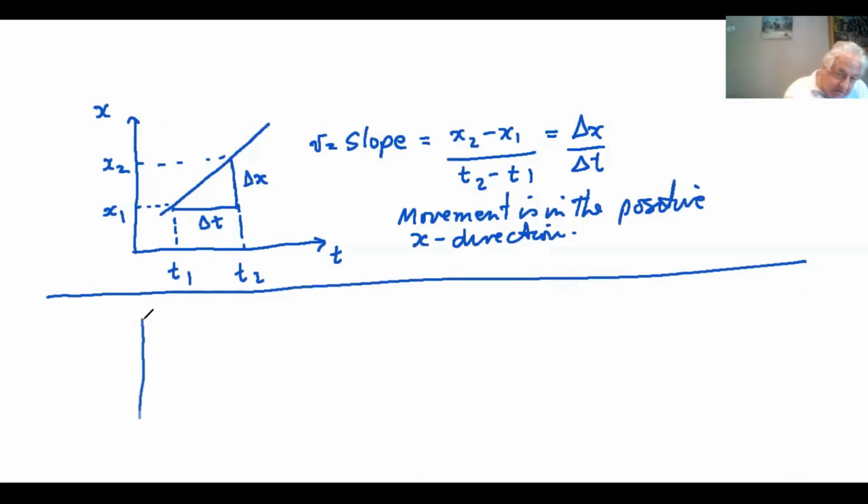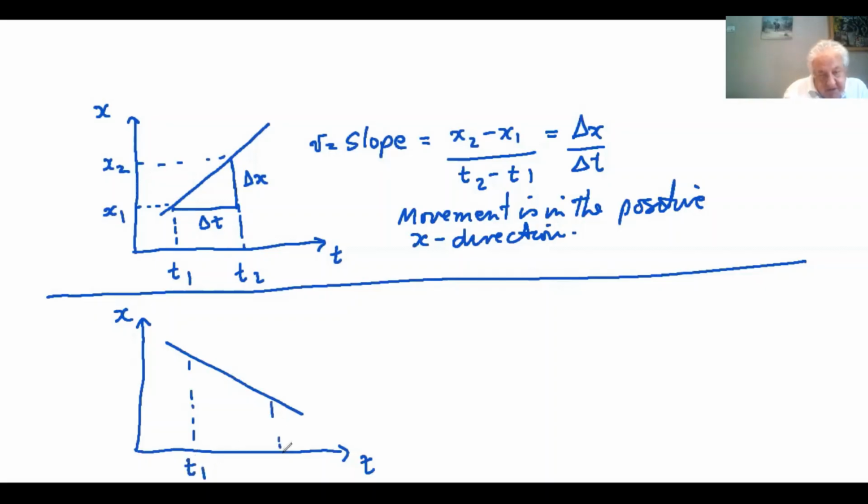Now, what about a negative slope on a distance time graph? My T2 is again bigger than T1, as you would expect. But this time, my initial position is bigger than my final position.